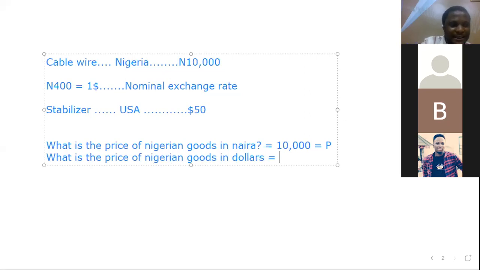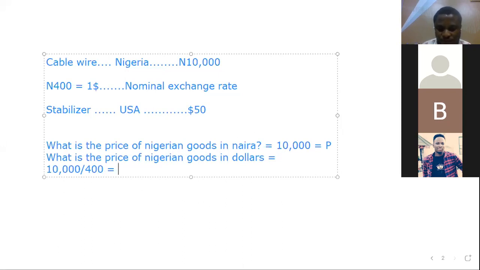Remember, it is 10,000 naira. What will be the price in dollars? Remember that for me to exchange 10,000 naira to dollars, since 400 naira is to a dollar, the price will be 10,000 over 400.